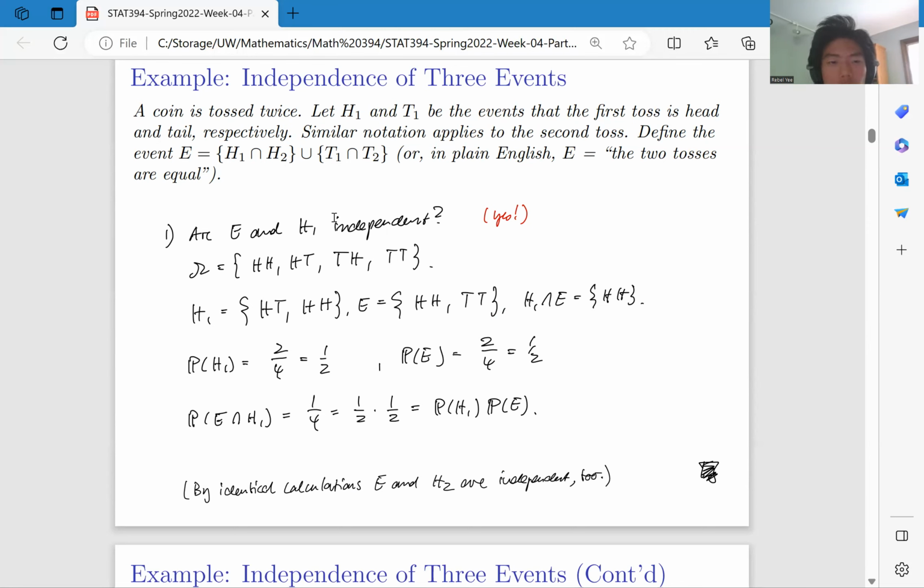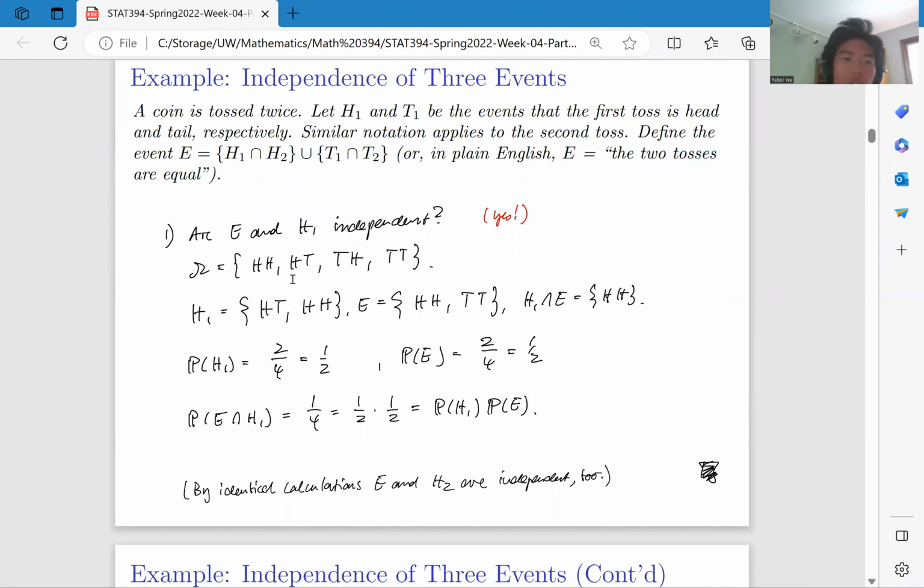So in this case, E only has 2 outcomes, that is HH and TT. So E also means the 2 tosses are equal: HH and TT.